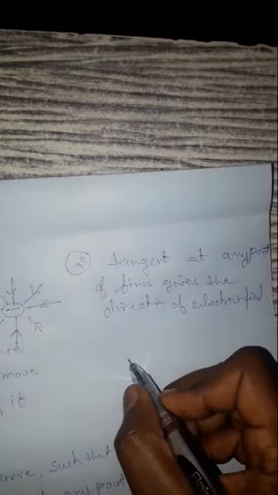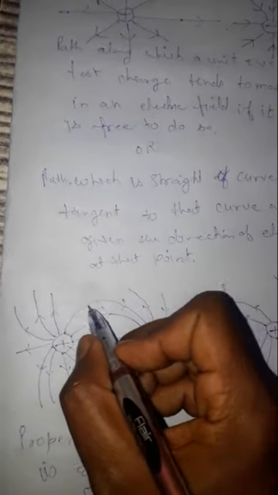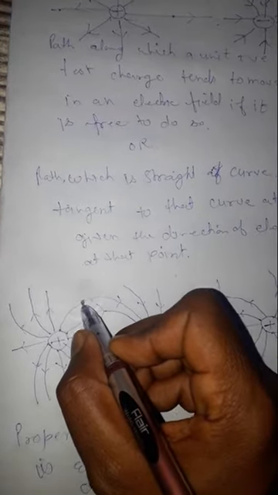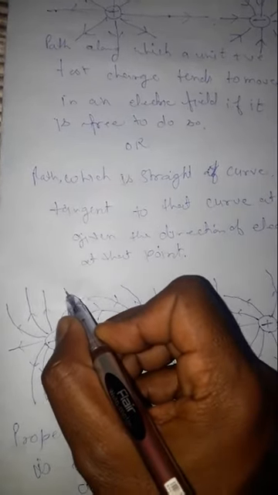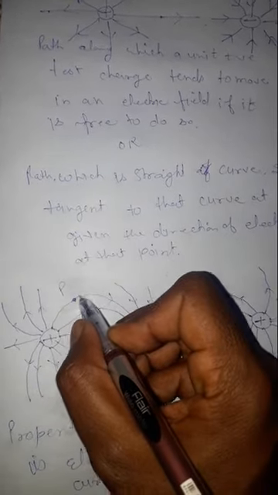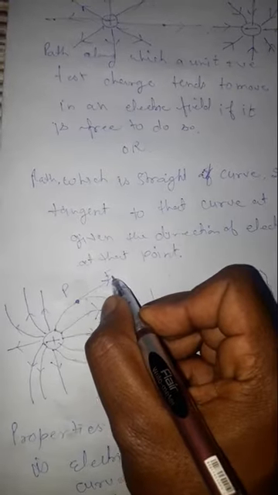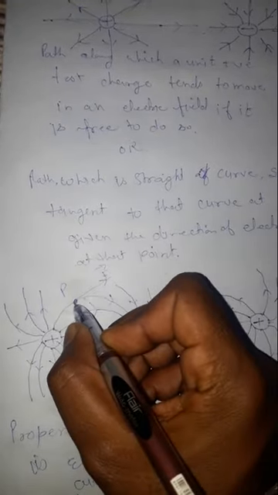As discussed earlier, consider there is an electric field line in this system. If we want to calculate the electric field intensity at point P, then the tangent at this point, in this direction, represents the direction of electric field intensity at this point.